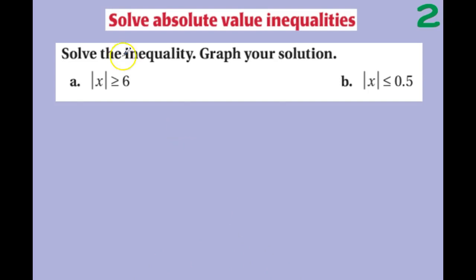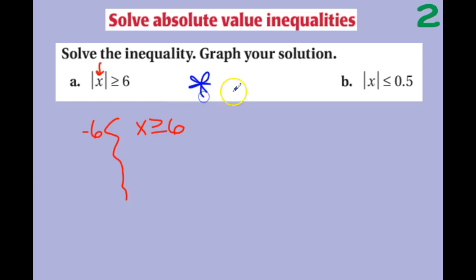So let's solve this inequality and graph our solution. Just like before, this could be a -6 or a +6, so we could have two equations. One, just like it is, x is greater than or equal to 6. Or we need one set equal to the negative.